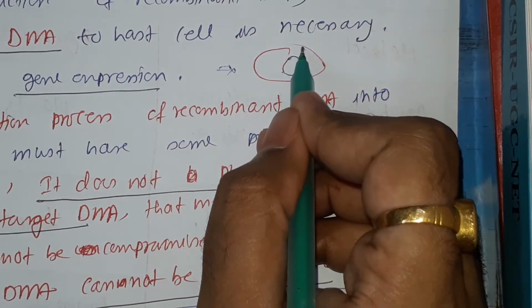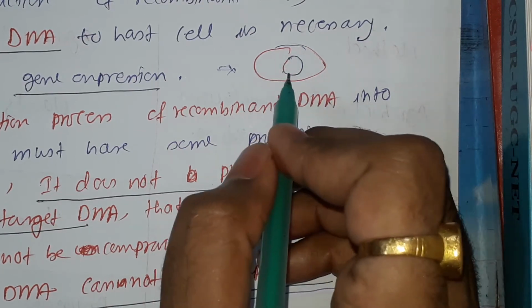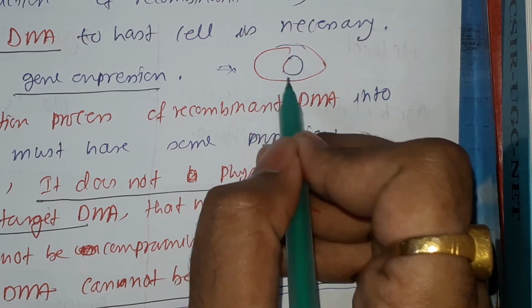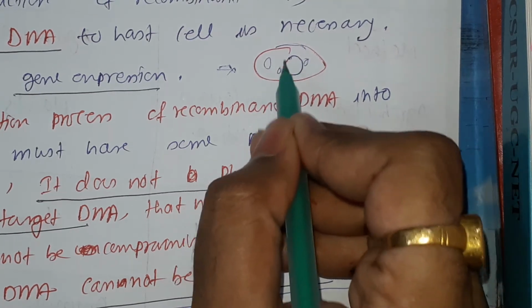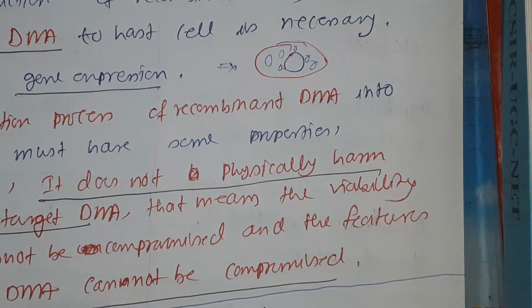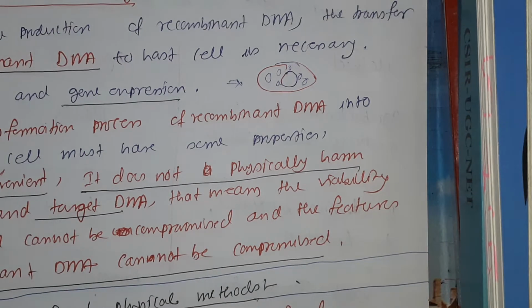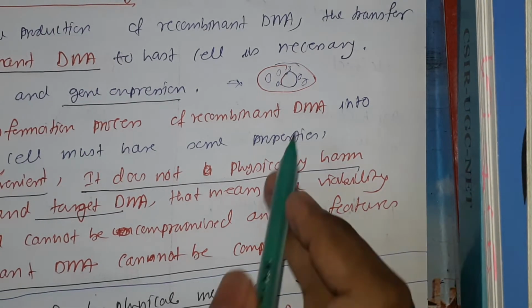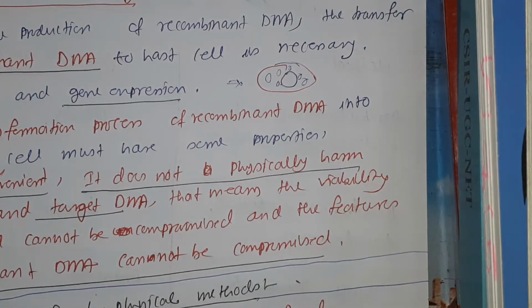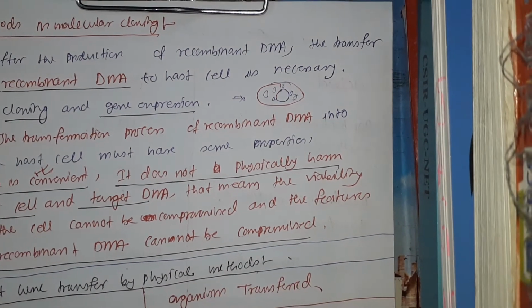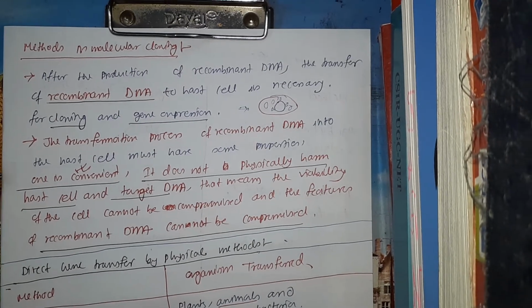Now the viability of the host cell is important, because this vector along with the gene of interest has to replicate itself here. If the host cell is not viable, then how will our gene of interest replicate? And we need some help from the host cell machinery for transcription as well as translation, because sometimes we also need the expression of the gene of interest. So the viability of the host cell is very important to us.